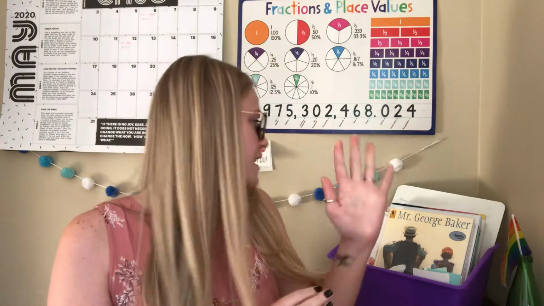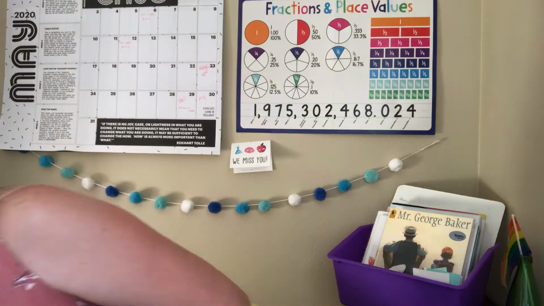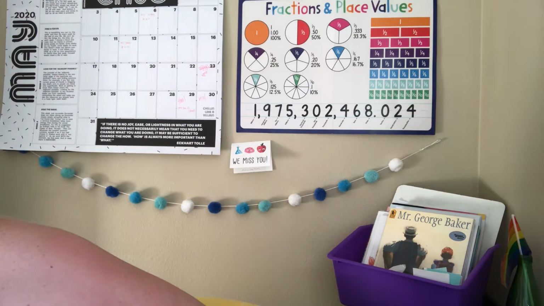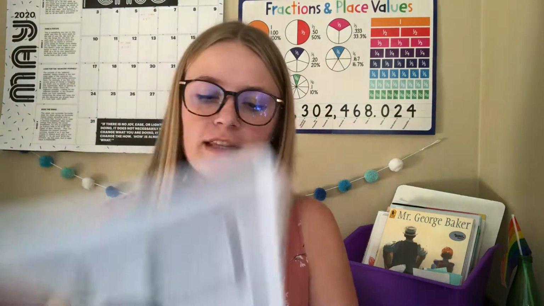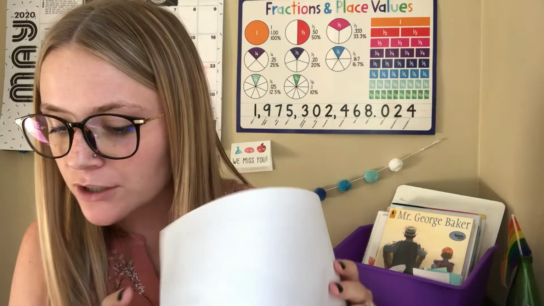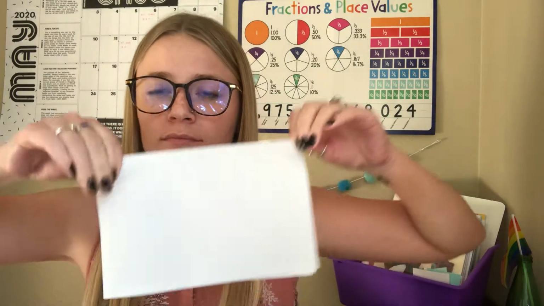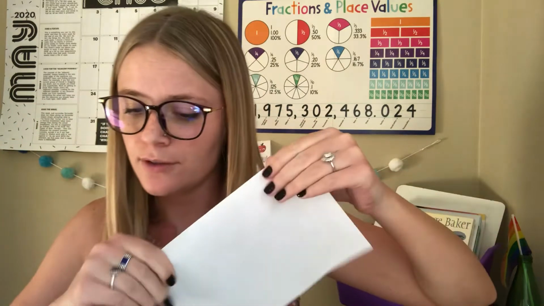For this activity, I forgot to grab a paper, so I'll just use this printed paper. Kyra folds a sheet of paper in half, so that's what I'm gonna do. Here I folded it in half.